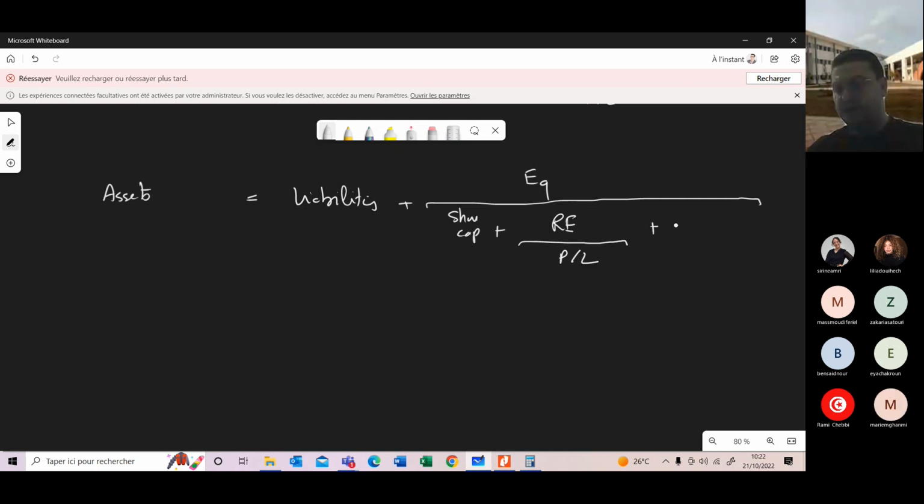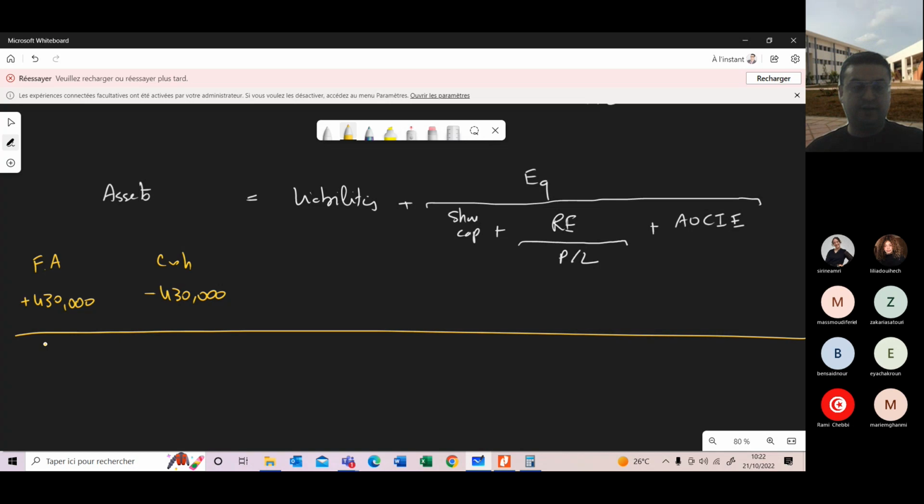And this is the accumulated other comprehensive income element, right? For the initial measurement, we recorded the financial asset plus 430,000 and cash minus 430,000. At the reporting date we have to use the fair value, and the fair value tells you 510. So what shall I do? It tells you that you have to increase your asset by 80,000. Why? Because you would like to get a new balance of 510,000.